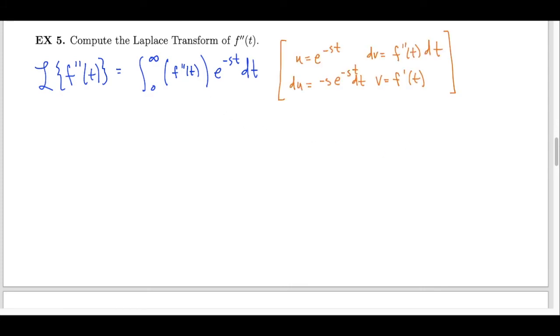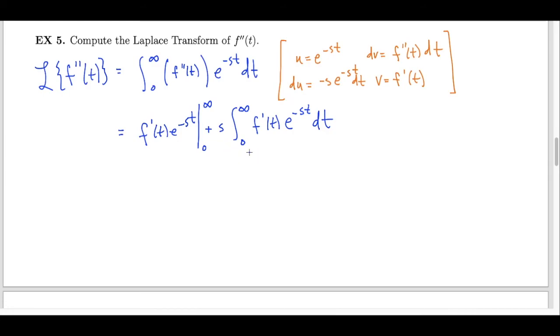Here are the ingredients that I'll use for that integration by parts. And here are the quantities that I get when I enact the integration by parts algorithm. Once again, let me focus on this integral first. As we've seen in the last few examples, this integral is itself a Laplace transform.